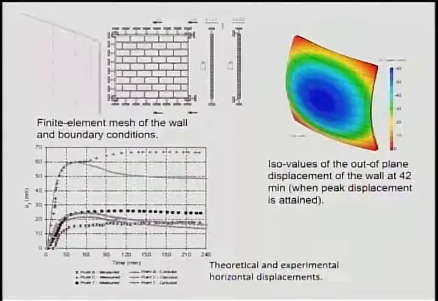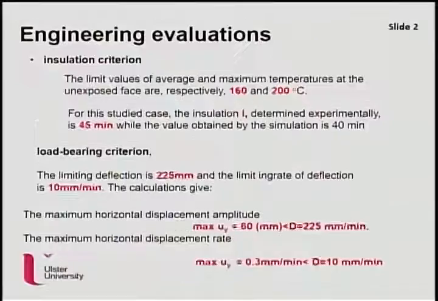The testing procedure has to be to the standard, because there is a conflict in how the loading will be placed on the wall between one code and another. There is an engineering evaluation in relation to the insulation and the load-bearing criteria. And I think there is quite good correlation between the advanced model and the experimental model.